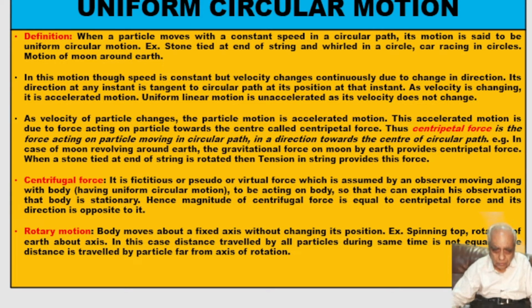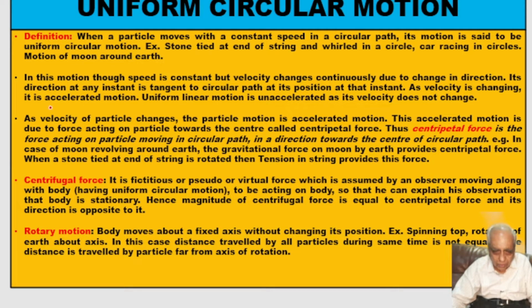Hello students. So today I will be starting a fresh topic called uniform circular motion. Now in brief, this is called U.C.M. Now what does this word mean? Uniform, you know, means constant. If all students have come wearing uniform, it means they have the same color shirt, same tie and so on.